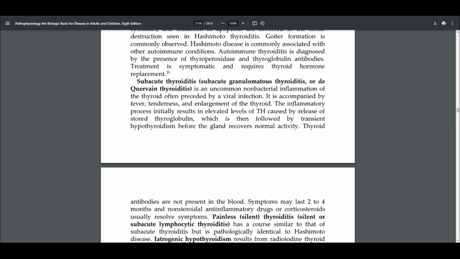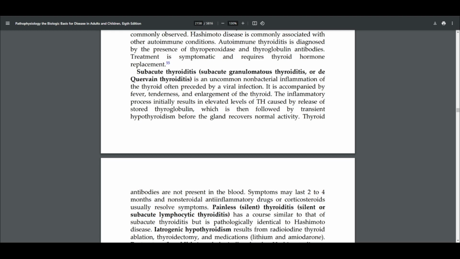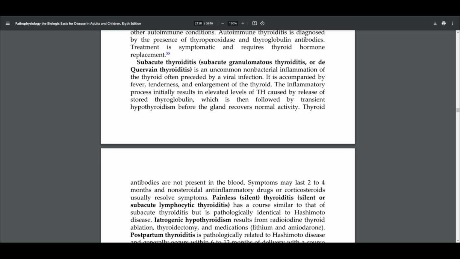Your subacute thyroiditis, or subacute granulomatous thyroiditis, or de Quervain thyroiditis, is an uncommon non-bacterial inflammation of the thyroid, often preceded by a viral infection. It is accompanied by fever, tenderness, and enlargement of the thyroid.